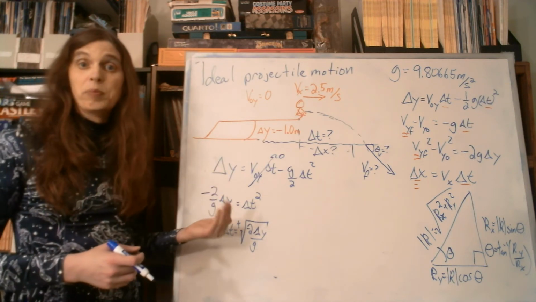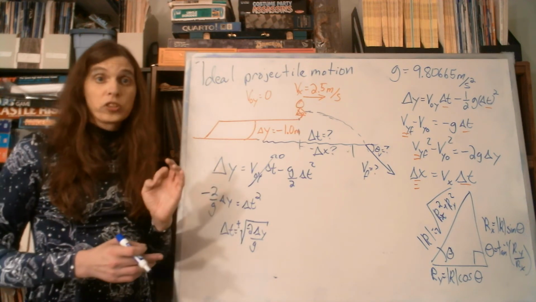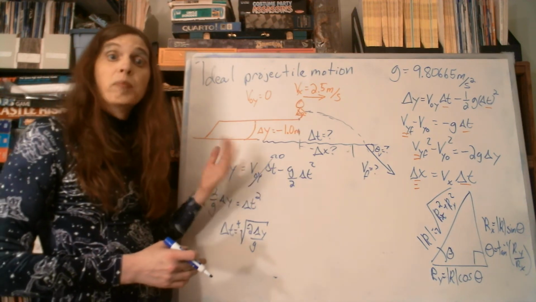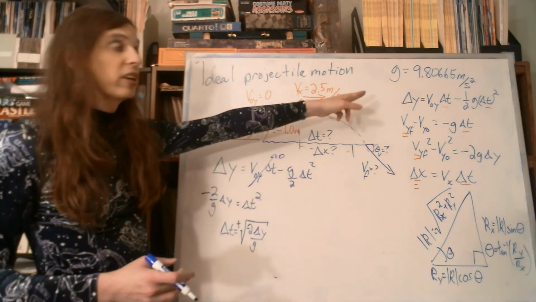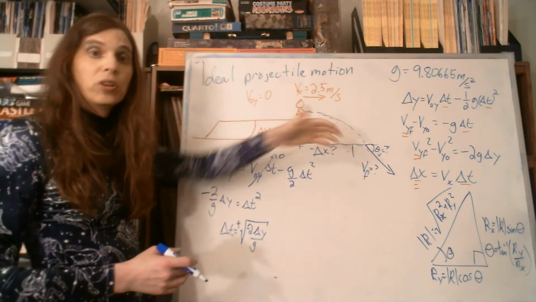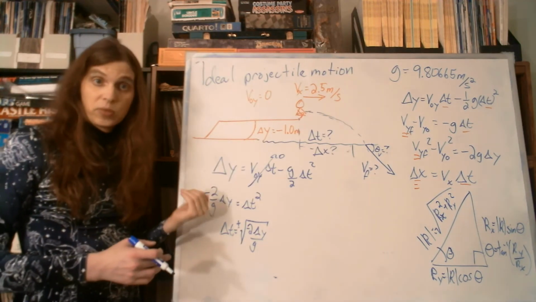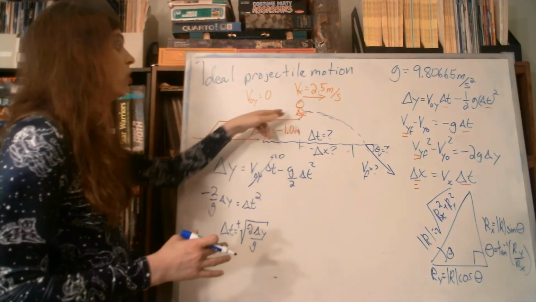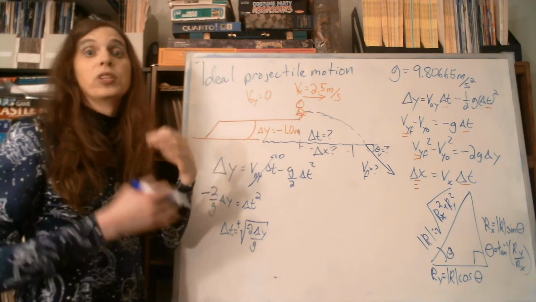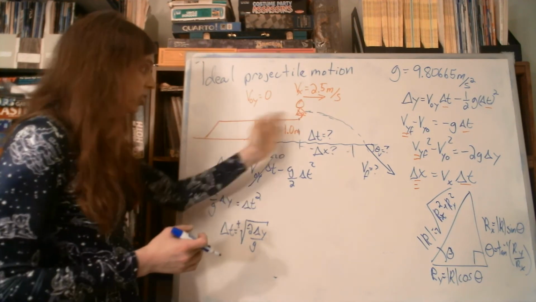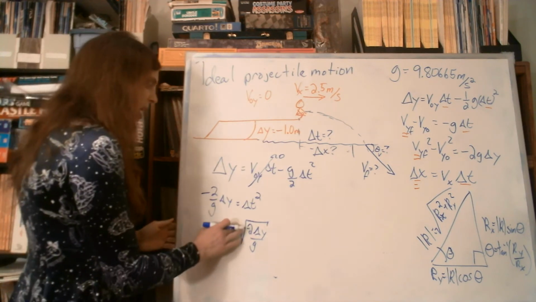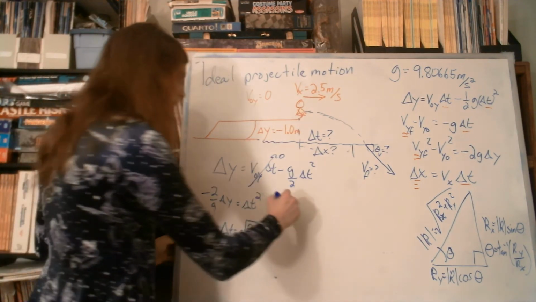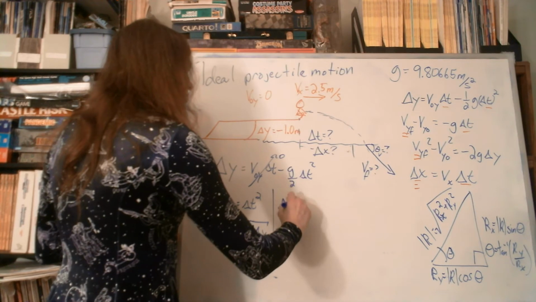Negative time would have been before that, but would also have required that you had all the same other conditions, like an acceleration of g downward. So the negative time solution doesn't apply here because we weren't in free fall until time 0. All right, so we're going to get the positive solution here.